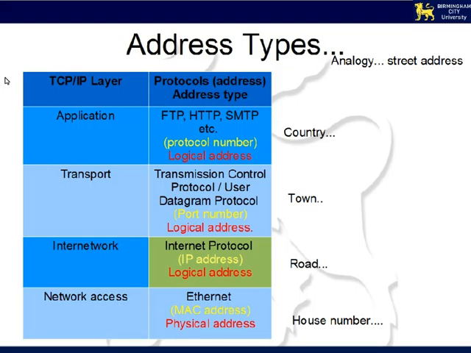Likewise, looking back at the addressing model we're using for TCP/IP, we can see that each of the different addresses at the different layers tells us something different about how to get the data to that particular device and that particular piece of software on that device.